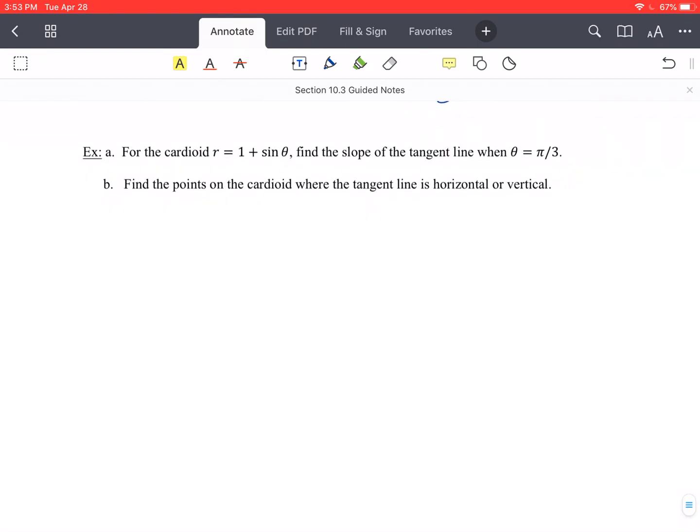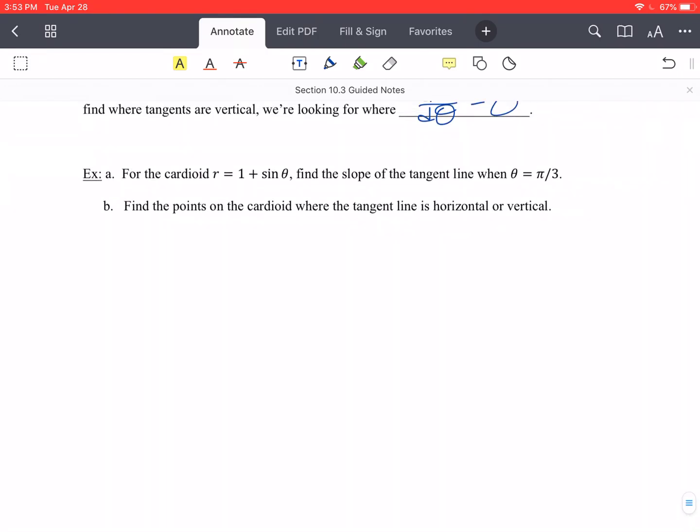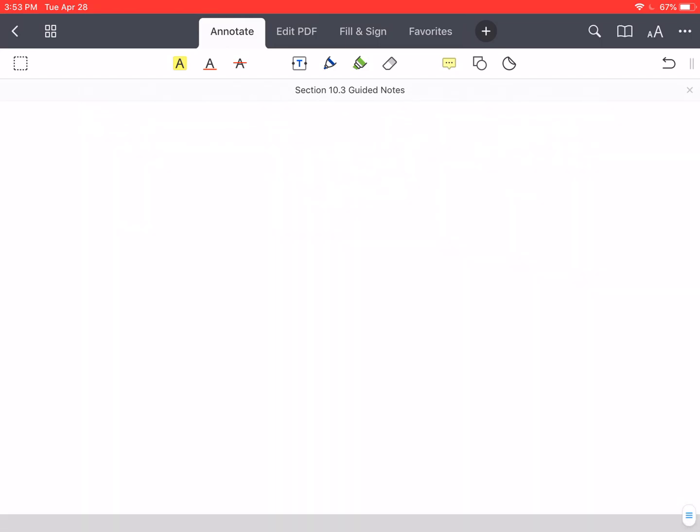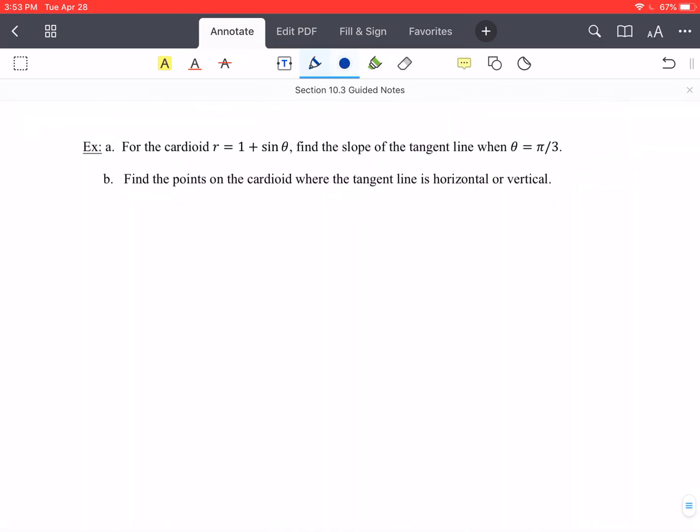So hopefully we have enough space. It's kind of a long-winded one here, so let's get right to it. So to start us off, part A here. We have the cardioid r equals 1 plus sine of theta.